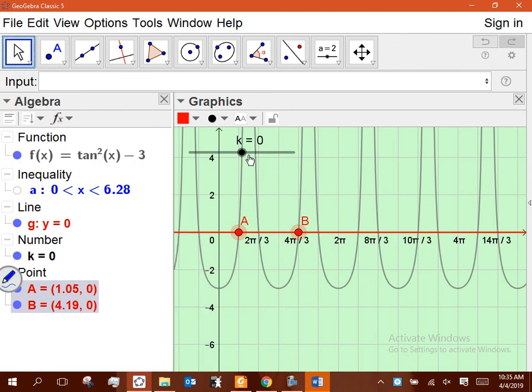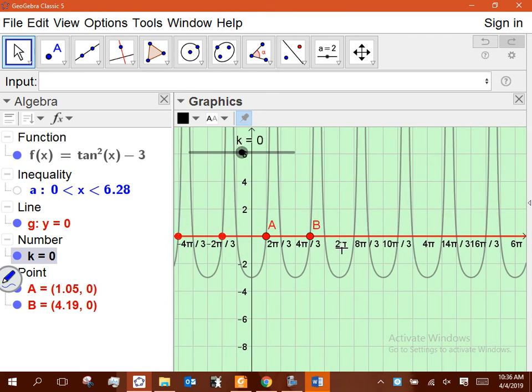As I move k from 0 to 1, look at where B is. When I go to 1, does A take B's spot? When I go from 1 to 2, does A take B's spot? A keeps taking B's spot as I move to the right, and then B takes A's spot as we move to the left, okay?